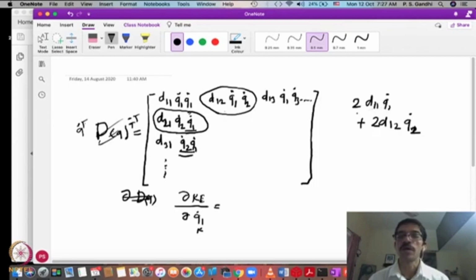Now there is a half in the kinetic energy expression. So what we are writing is only for part of this term, del kinetic energy by del q1 dot, which corresponds to the first diagonal term and its derivatives that will come.